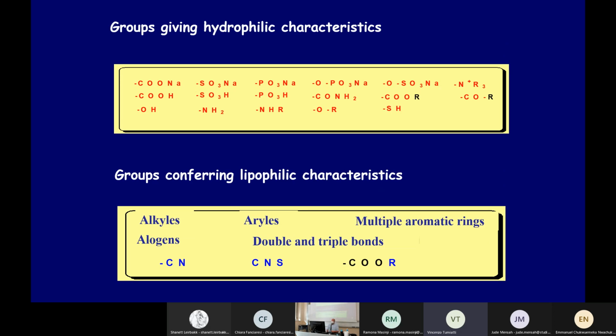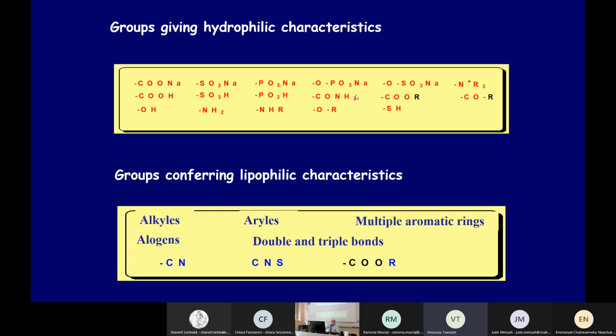And which are the groups giving hydrophilic characteristics? Ionized forms are water soluble, yes. So we can have, for example, acidic groups, carboxylic groups, yes. Strong acid groups, yes.